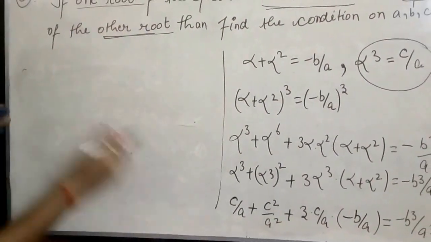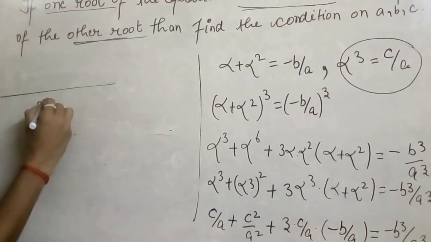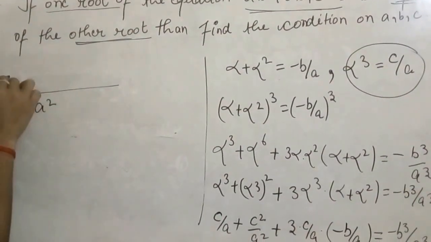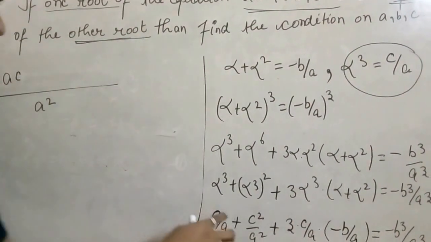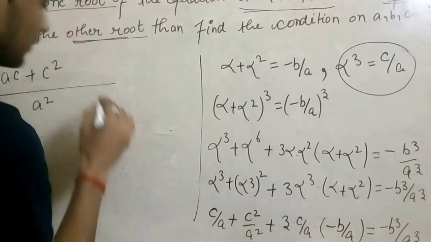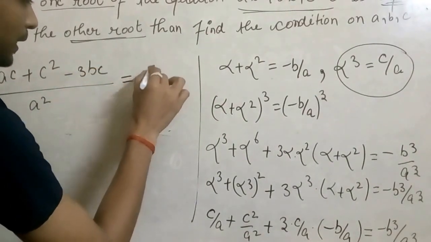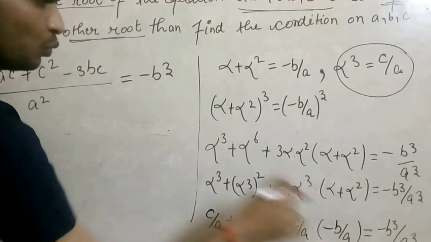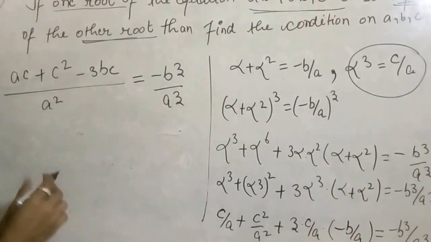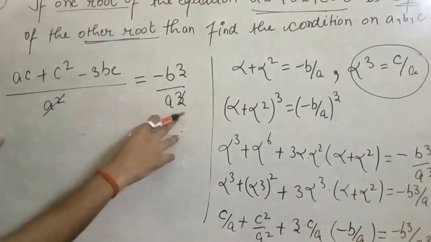If we solve the left hand side by taking the LCM, then we get ac plus c square minus 3bc equal to minus b cube divided by a cube. Here a square cancels out, then we get a.